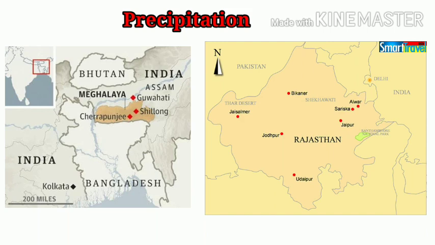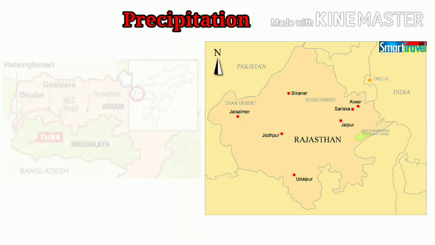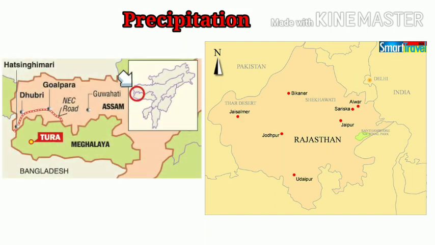It gets an amount of rainfall in a single day which is equal to 10 years of rainfall at Jaisalmer in Rajasthan. So one day of rain in Tura is equal to 10 years of rain in Jaisalmer.